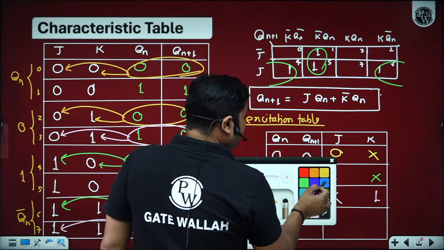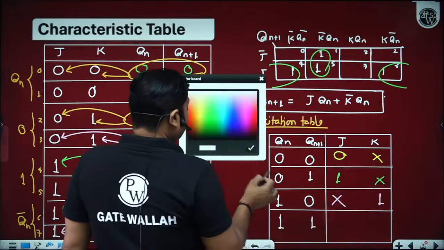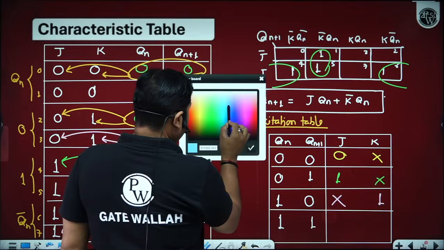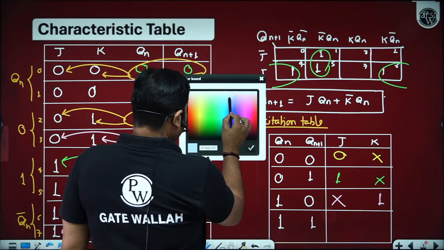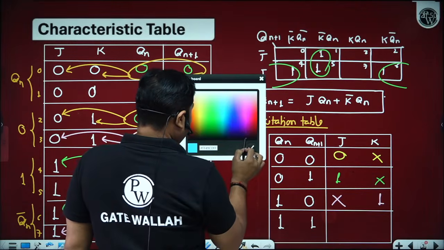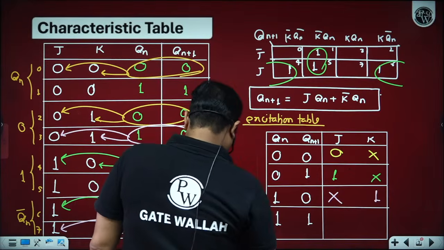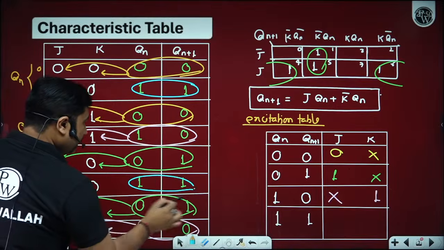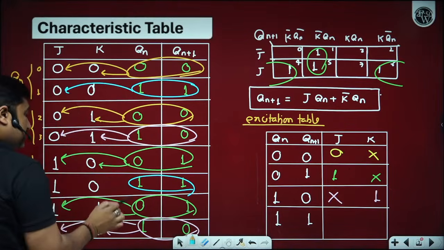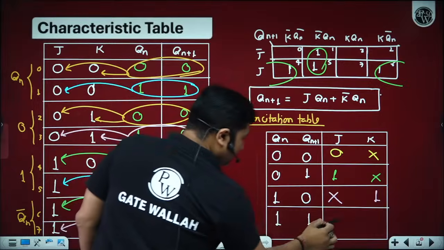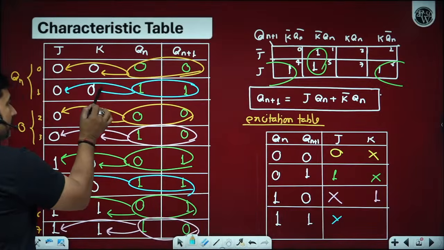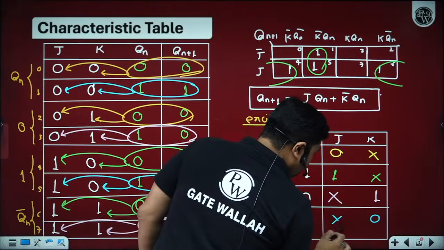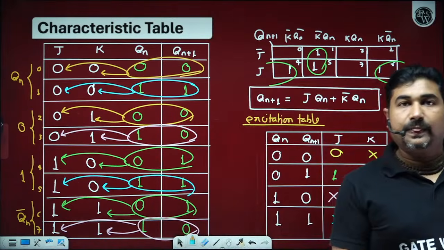For 1 1, J may be 0, may be 1, but K must be 0. In the same way, you have to mention it in your note as well.